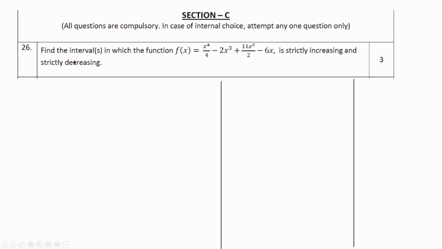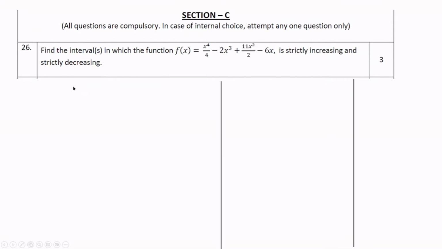26th question. Find the interval or intervals in which the function f of x equal to x raised to 4 by 4 minus 2x cube plus 11x square by 2 minus 6x is strictly increasing and strictly decreasing.